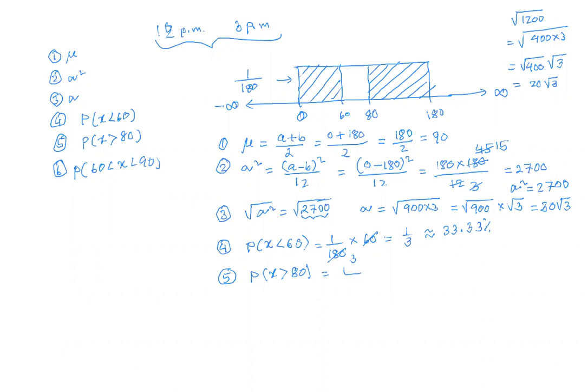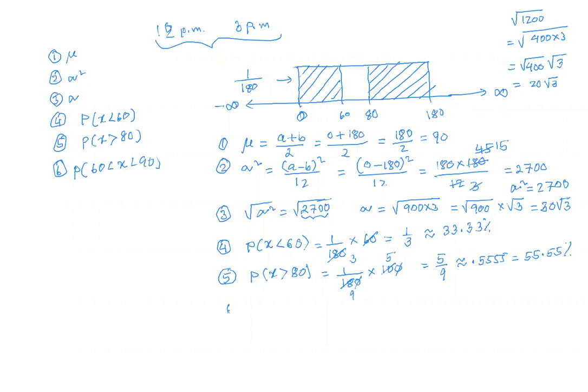So height is still the same, 1/180 times 80 to 180 is 100 minutes. 0, 0 cancel out. 2 goes into 10, 5. 2 goes into 18, 9. So it's going to be 5/9, okay? So 5 divided by 9 is 0.5555, which is equal to 55.55%.